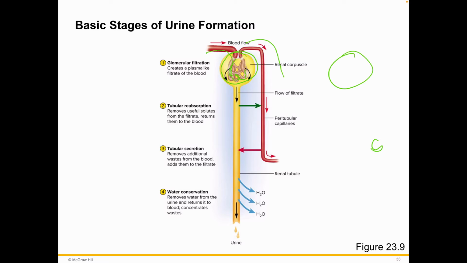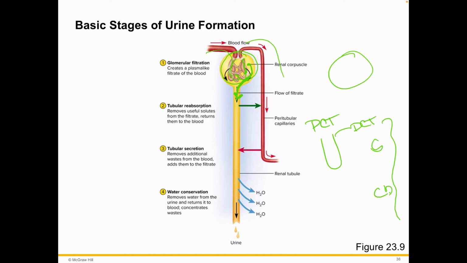The red blood cells and all that are going to be kept in, and the plasma is going to become the filtrate, right? The filtrate is going to flow through a tubule system, beginning at the proximal convoluted tubule, and then it's going to go through the loop of Henle, or the nephron loop, and come out into the distal convoluted tubule, and then out through the collection duct, right? That's the basics right there.